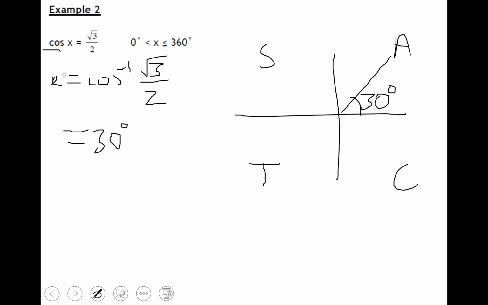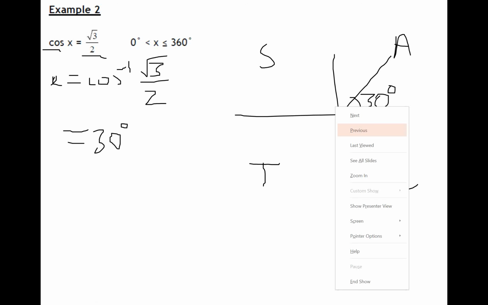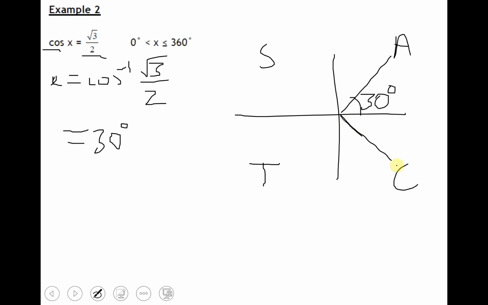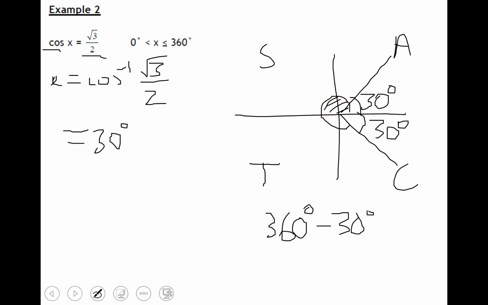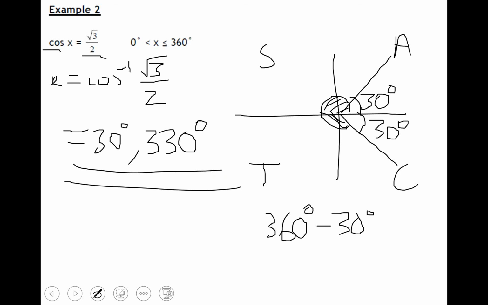In this case, working with cos, and it's equal to a positive value, so our other quadrant is the C quadrant. Again, the angle is the same from the horizontal. So to find our second angle, 360 degrees is a complete turn, minus 30 degrees, because the angle we actually want is all the way round from 0, the shaded angle. So the second angle required is 330 degrees.